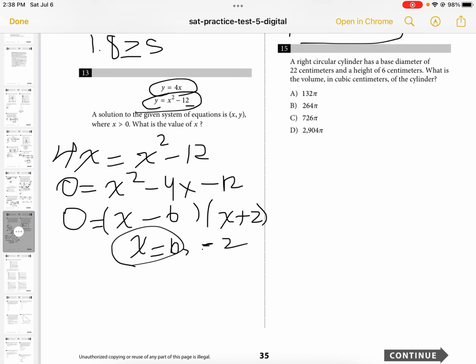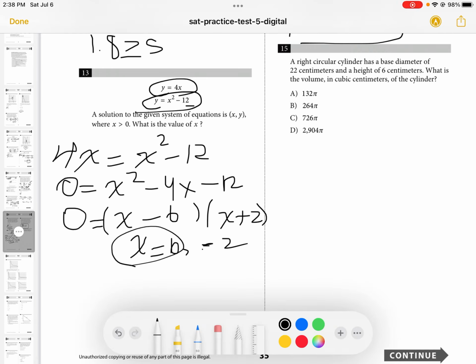A right circular cylinder has a base diameter of 22 centimeters and a height of 6 centimeters. What's the volume in cubic centimeters of the cylinder? So the formula for the volume of the cylinder is just equal to BH, where B is the area of the base and H is the height. We know the height, 6 cm, but we don't know what B is.